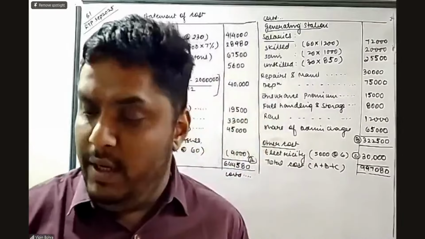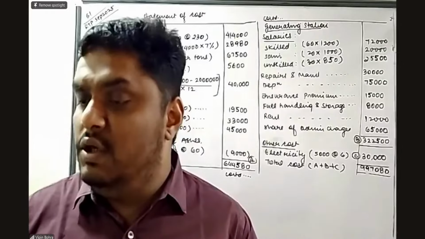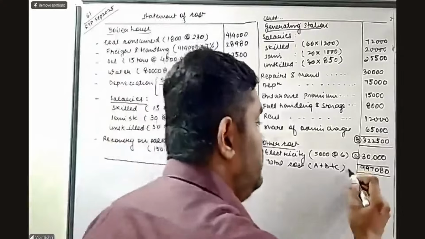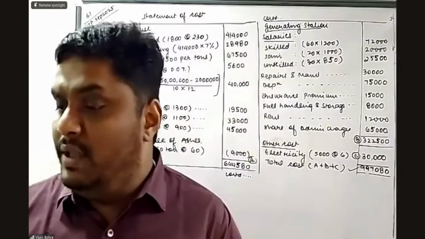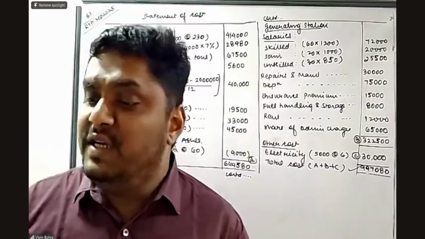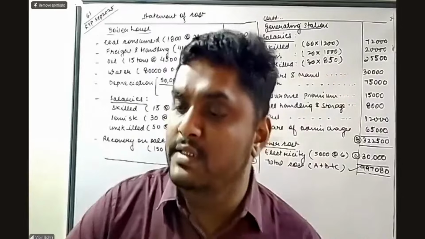Now let's calculate the number of units. So here the question is asking you to calculate the total cost of electricity generated. Now the next part is the cost of generating electricity per unit. So we have to calculate the effective units.